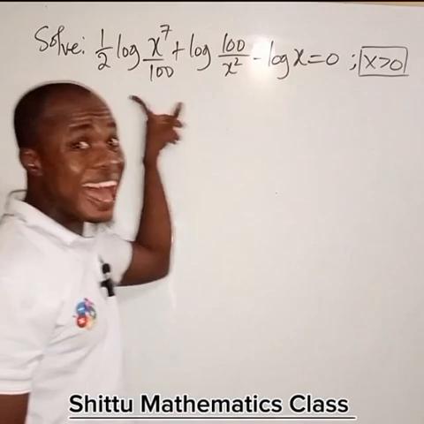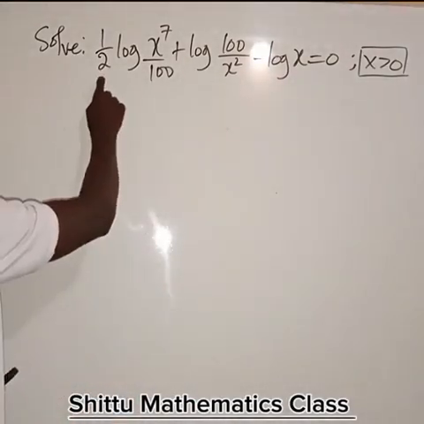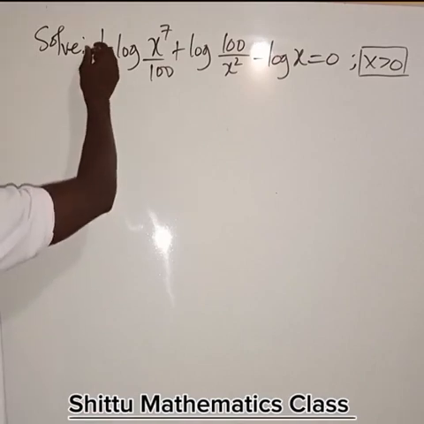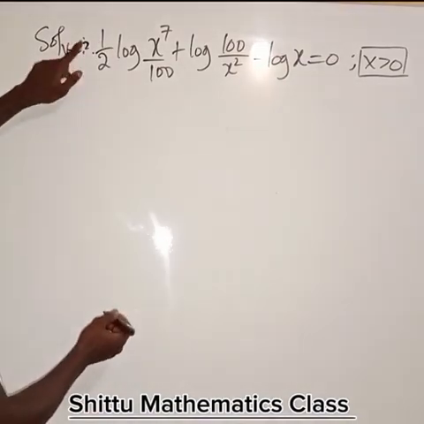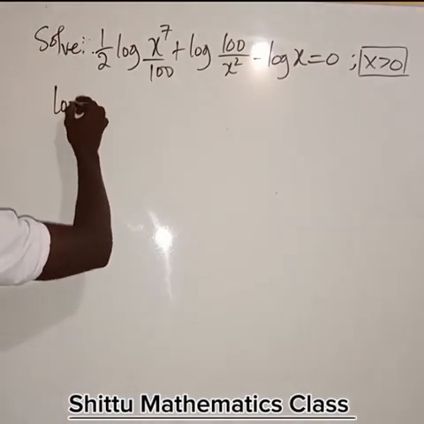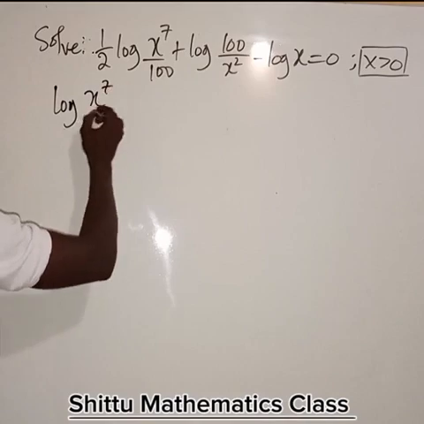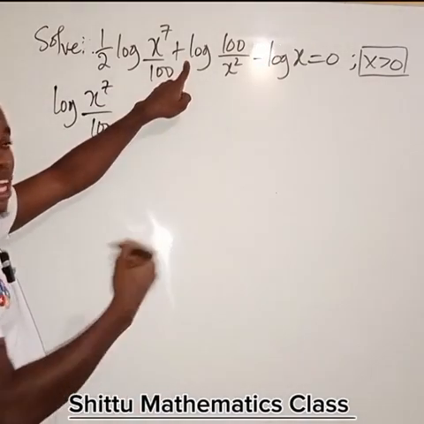I'm going to multiply all through by 2. So that is what I can do to get rid of this, because if I multiply this one by 2 here, you can see these 2 we cancel these 2. Okay, and that's it. So we multiply through by 2, so we're going to have the equation to be log x to the power 7 then 100. Don't forget that we are multiplying by 2.